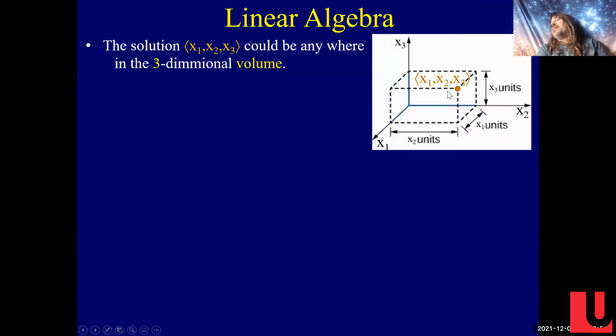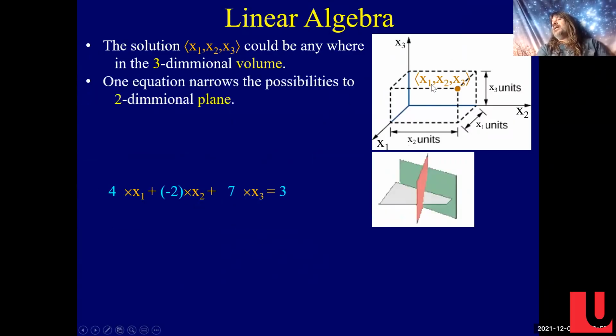Initially, this solution can be anywhere in the three-dimensional volume, right? And then this equation here is one equation, so it limits the three-dimensional space of possibilities down to a plane, right?